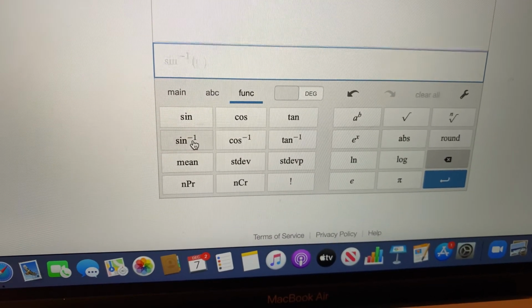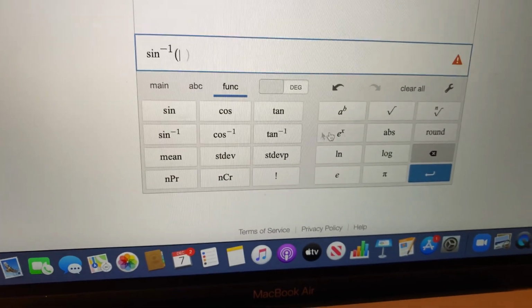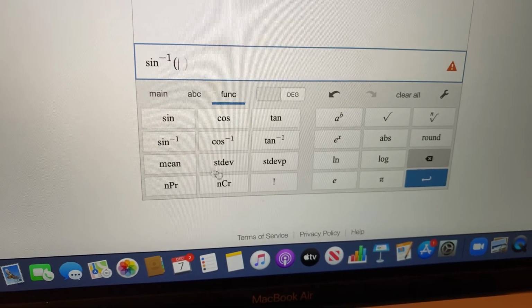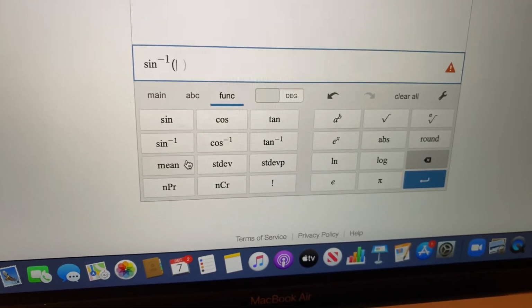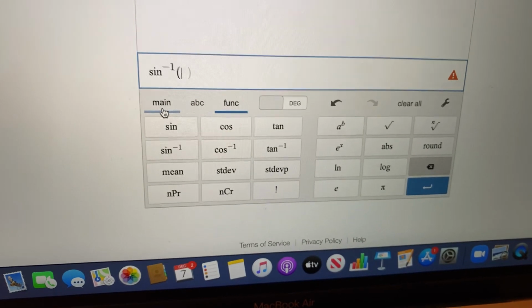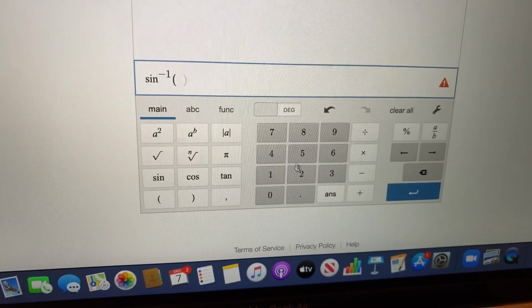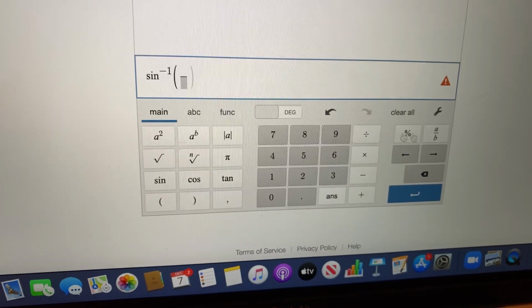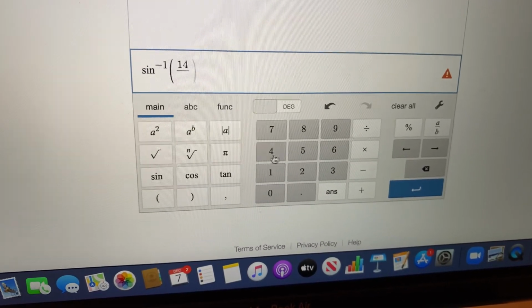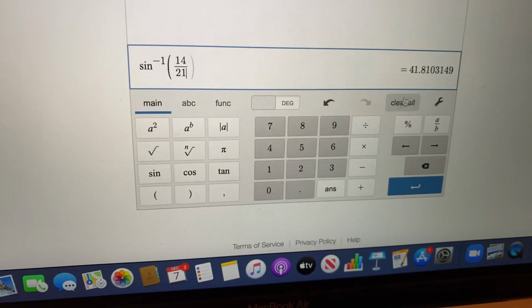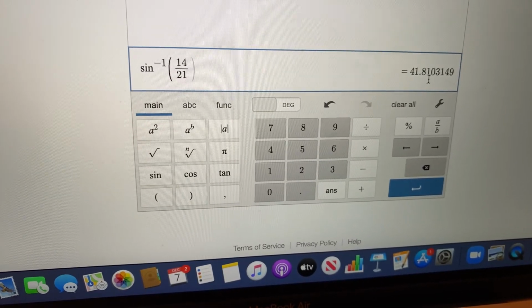So inverse sine. But now you have to go back. See how there are no numbers? Go back, and now you can hit the fraction, A over B, and type 14, click down, 21, and there's my answer, 41.8 degrees.